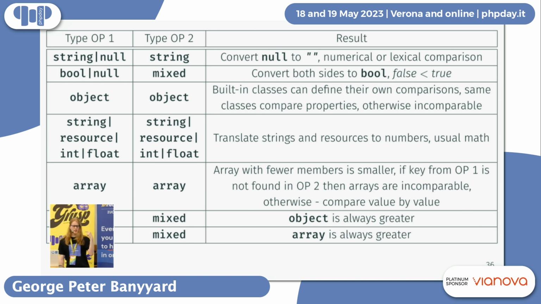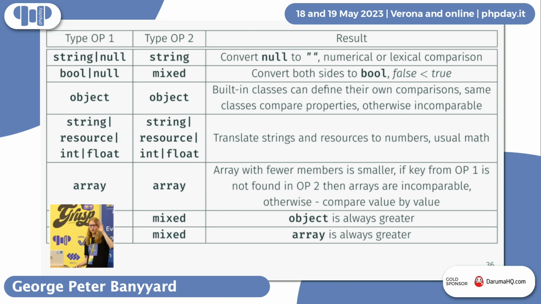Strings, resources, ints and floats: we translate the strings and resources to numbers and then compare them as math, which looks sensible until it doesn't. Arrays: the array with fewer members is smaller than the other, but that only works if the second array has all of the keys in the first one. Otherwise, this is considered incomparable, and it compares the keys by value.